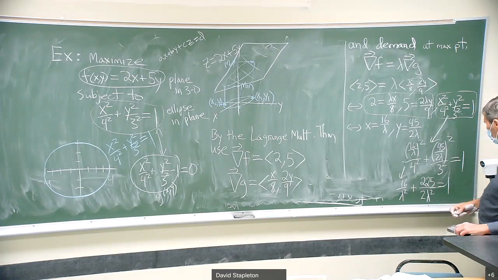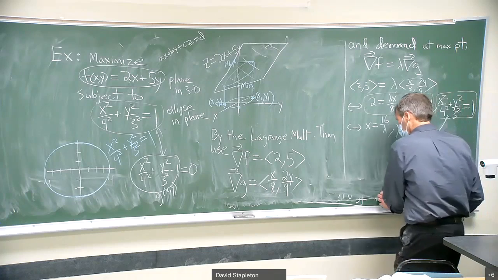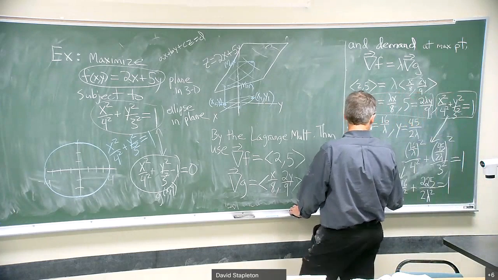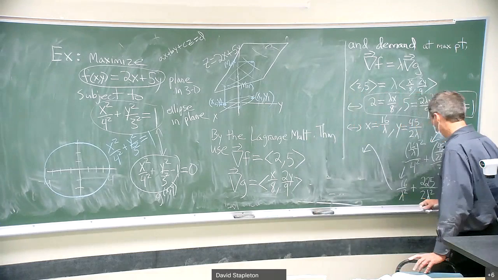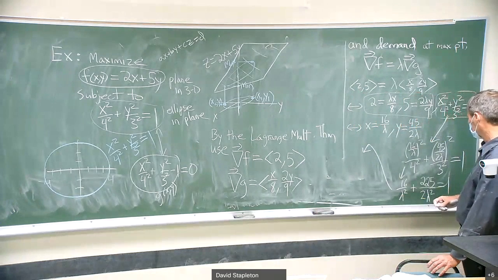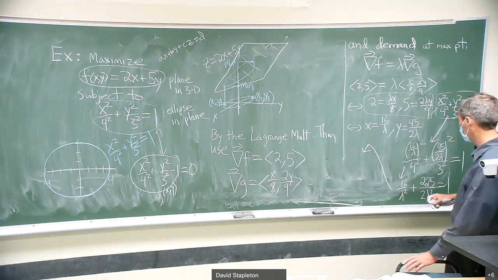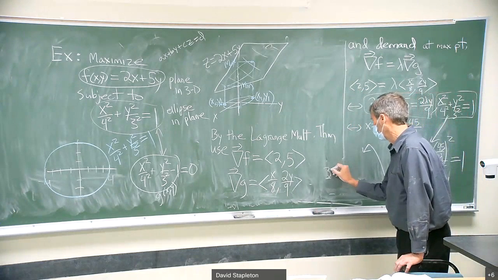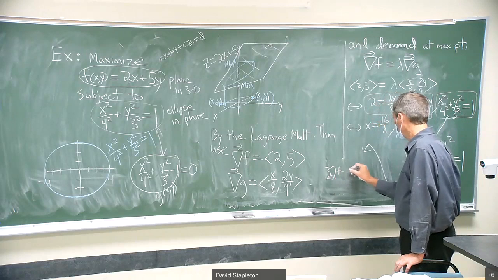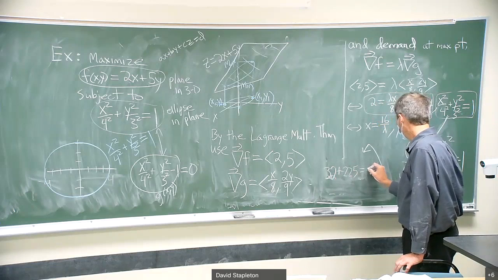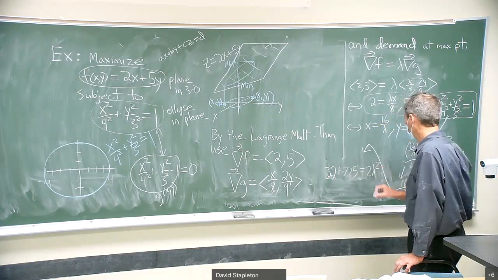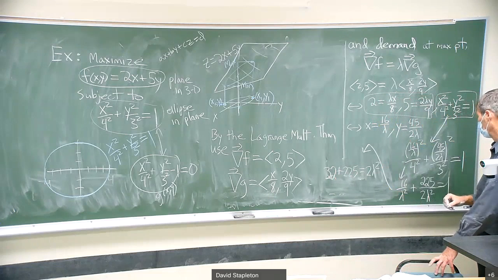All right, well, I didn't write down what lambda is on this one. I suppose we can figure it out from here. Wrote down the other answers. Okay, so now this one says we can solve for lambda. Multiply through by 2 lambda squared, and we get 32 plus 225 equals 2 lambda squared.